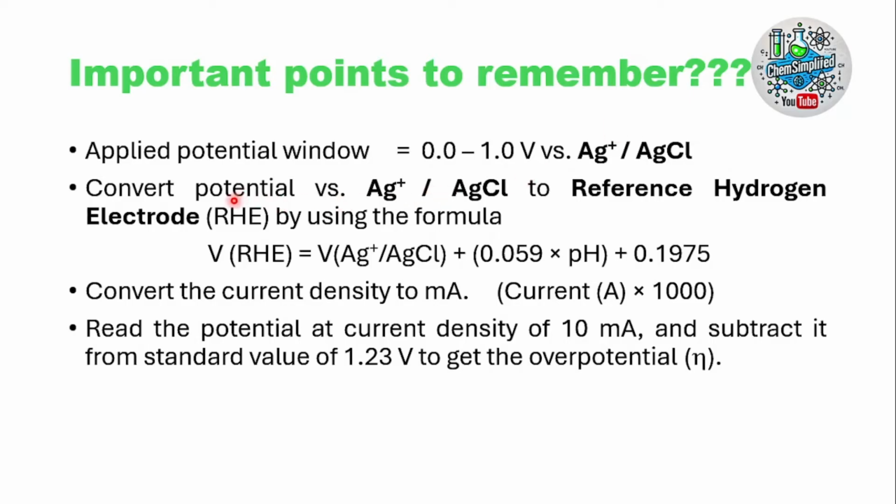Then you have to convert this potential of silver against silver chloride to the reversible hydrogen electrode, RHE, by using the formula, and then plot the graph of current density against the potential versus RHE, and read the potential at the current density of 10 milliampere and subtract 1.23 volt from it to get the overpotential.